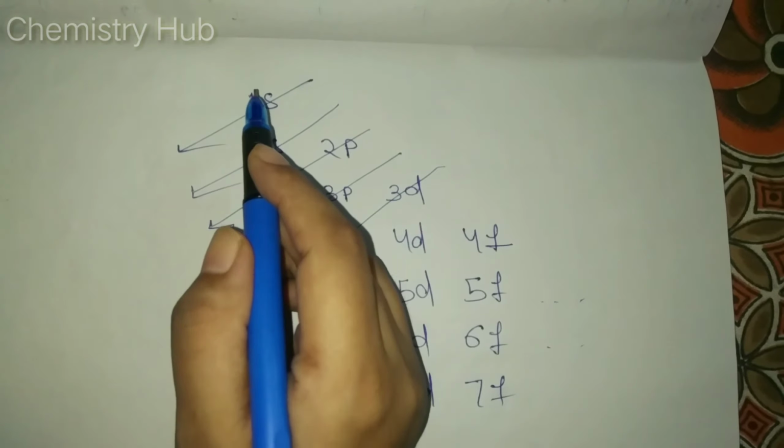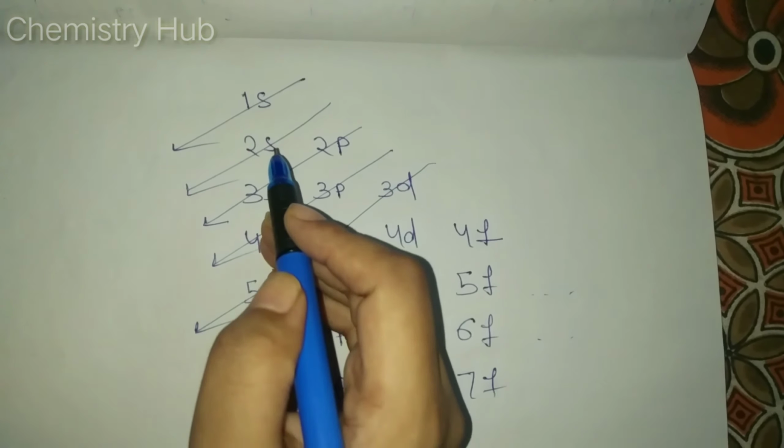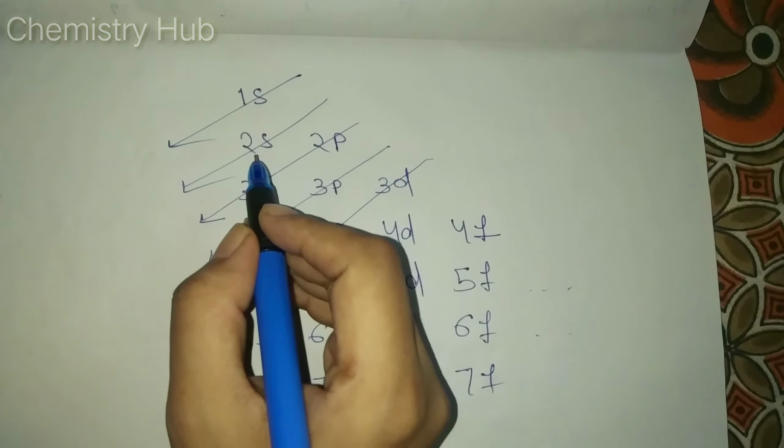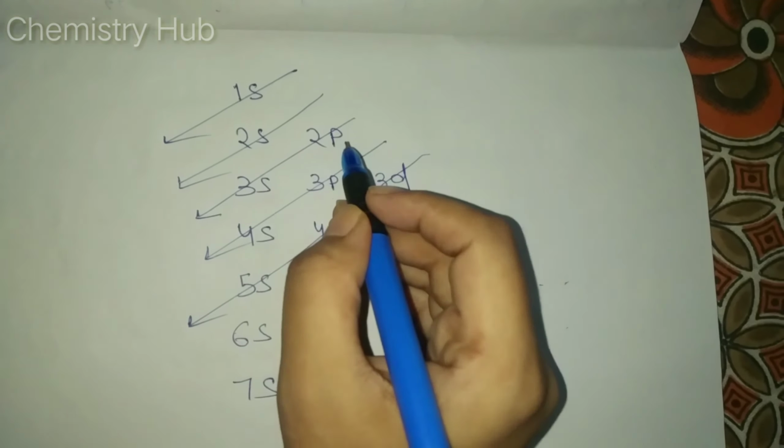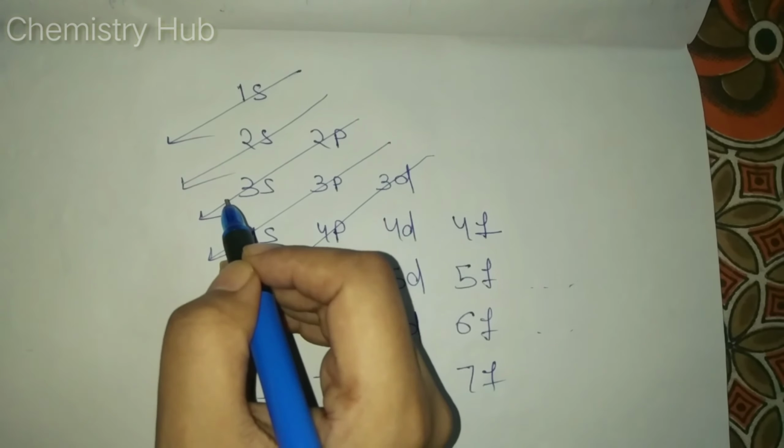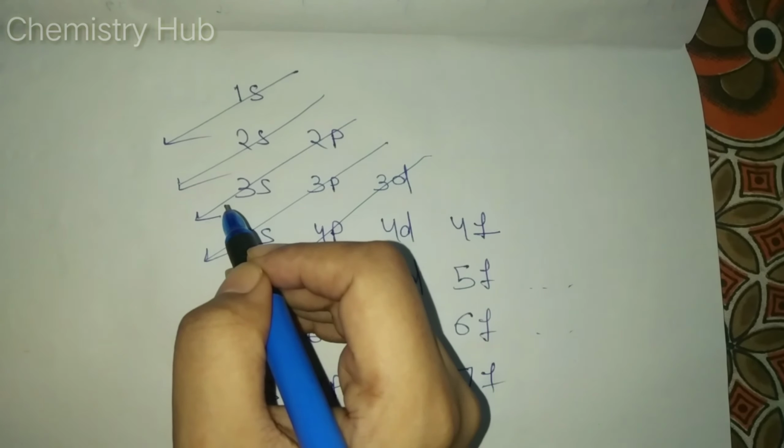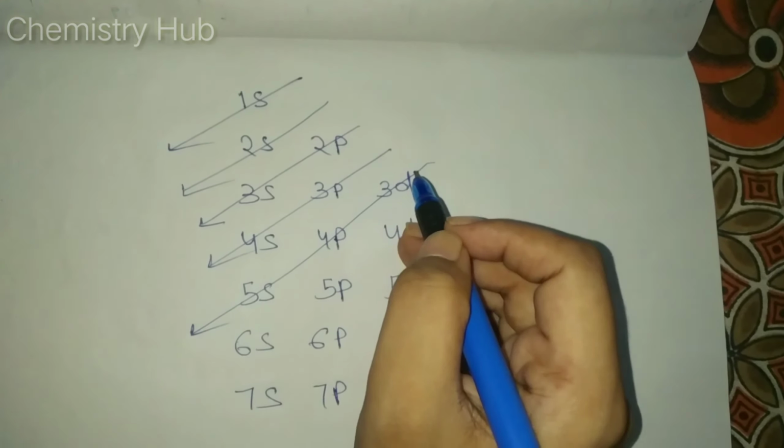After the filling of 1s, you fill the 2s subshell, then the 2p subshell, then 3s, then 3p, then 4s, then 3d.